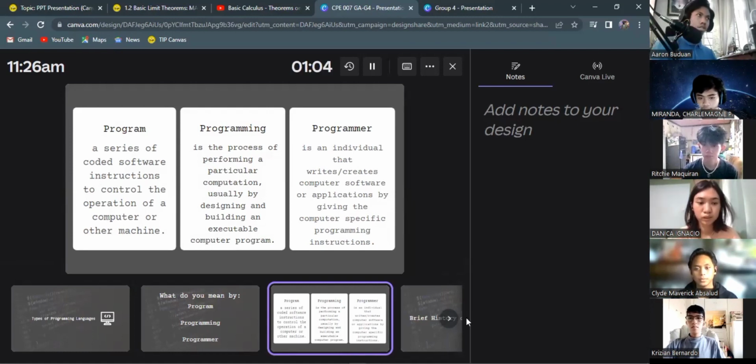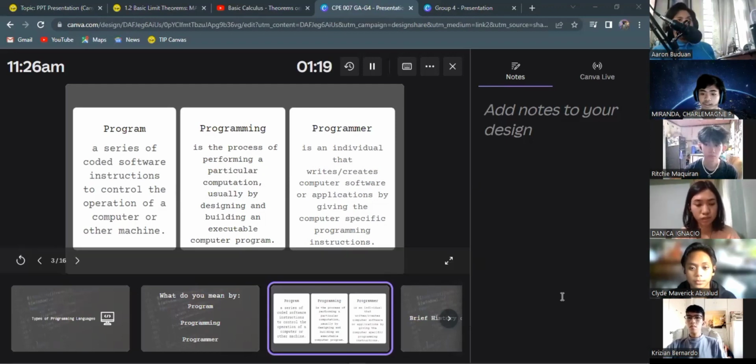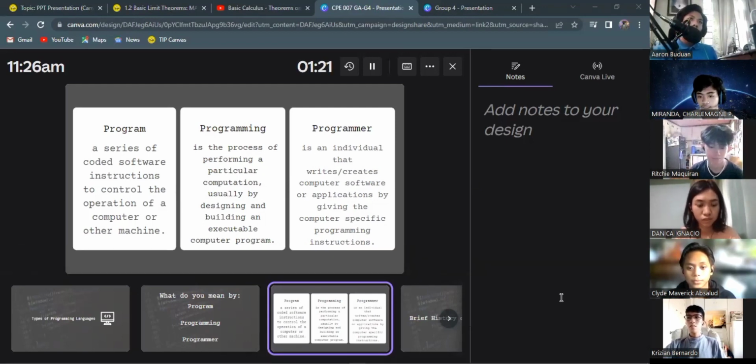This is the process of performing a particular computation, usually by designing and building an executable computer program. Programmer. It is an individual that writes or creates computer software or applications by giving the computer specific programming instructions.